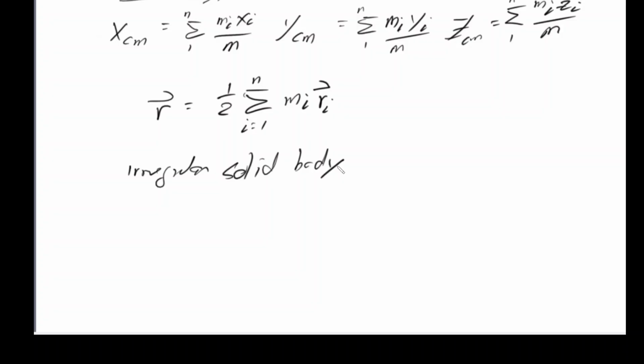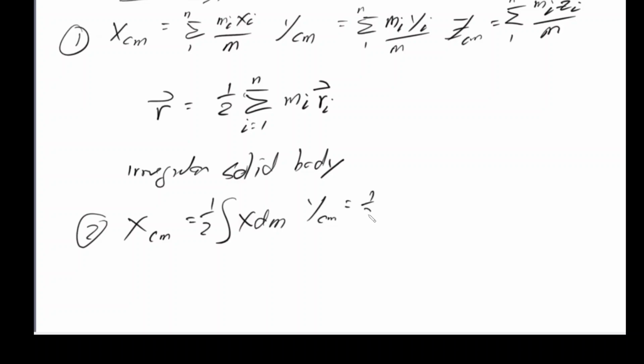So in that case, these equations will become x center of mass is equal to 1 over m times the integral of x dm. Y center of mass is 1 over m times the integral of y dm, and z center of mass is 1 over m times the integral of z dm. So we're looking at slices of mass dm and then integrating it to come up with our center of mass of the entire body.